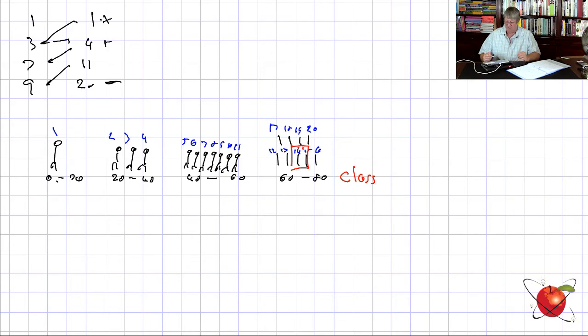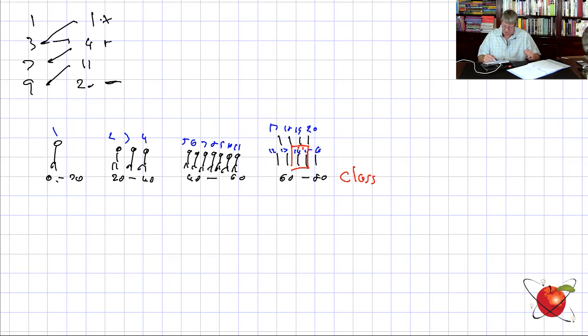I know this is a little bit rough, but just pretend you've got little people standing there, holding up their tickets. The person holding it up is sitting in there. Then you have found where the median person is: in the 60 to 80 class.